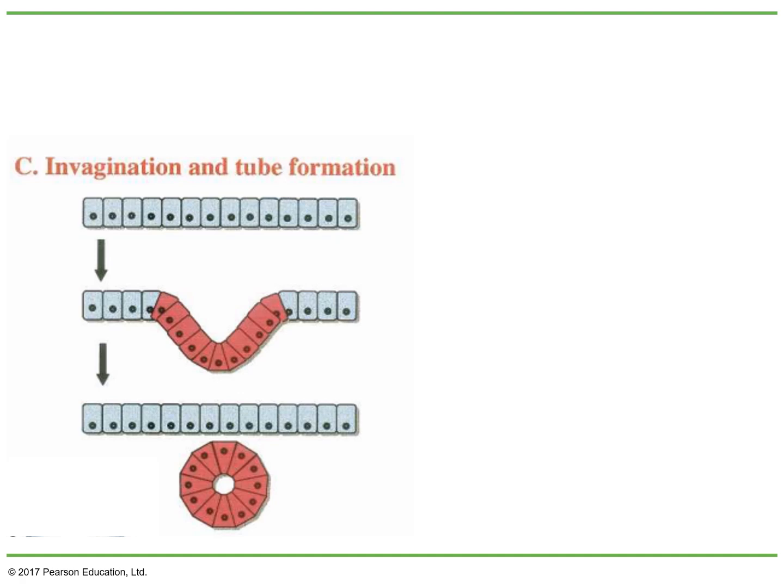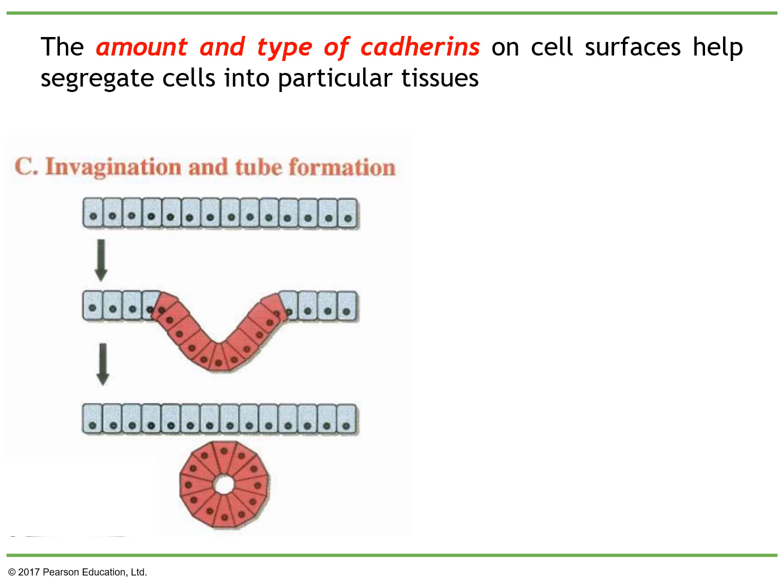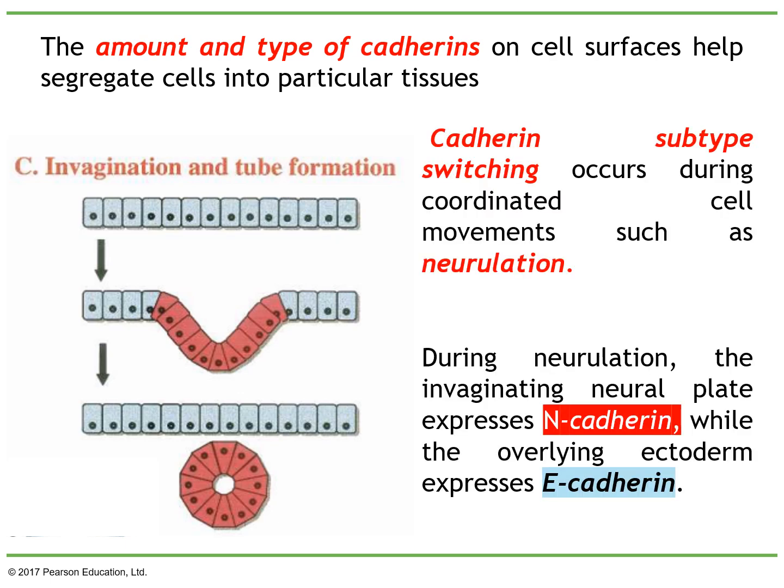This is important for evolution because frogs, chickens, mammals, they do the same thing, but the spinal cord forms in a different way in each organism. So remember, the amount and the type of cadherin is very important. Switching to a different type will produce a different tissue.